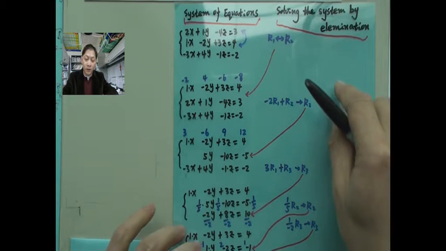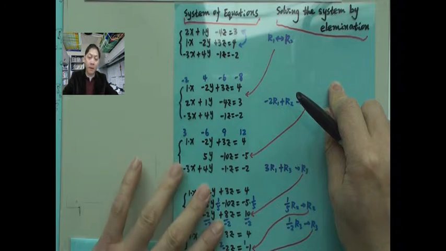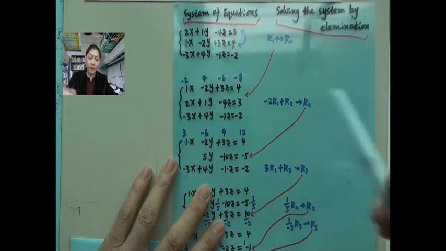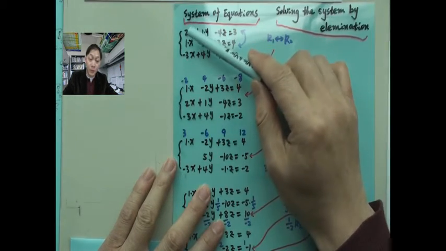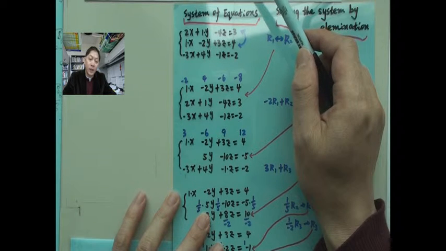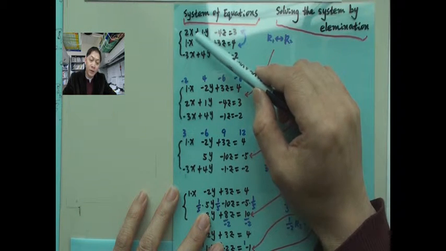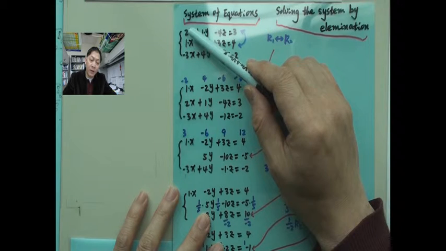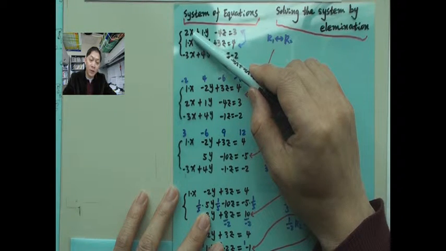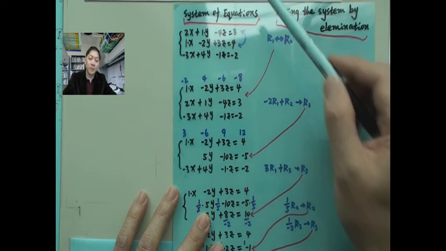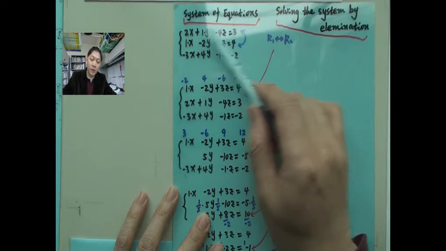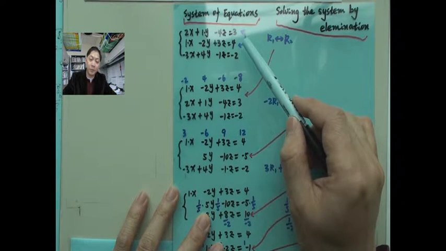Now, we have noticed right here that the first coefficient is 2. In the first equation, I like the coefficient of x to be 1. So what I'm going to do is change these two equations.